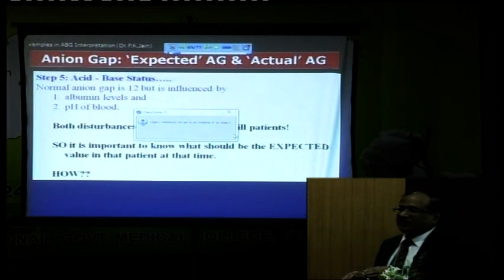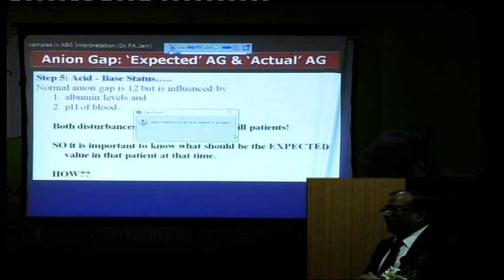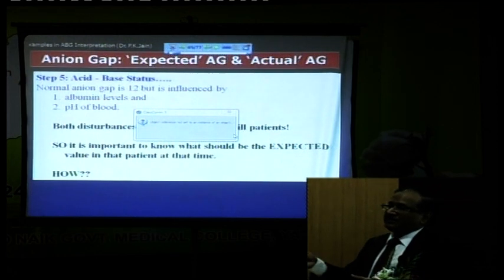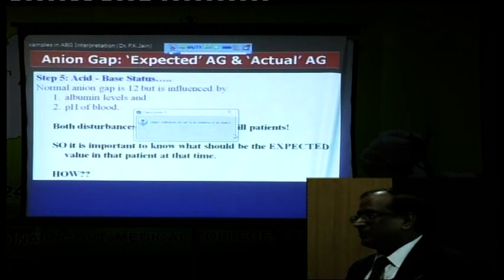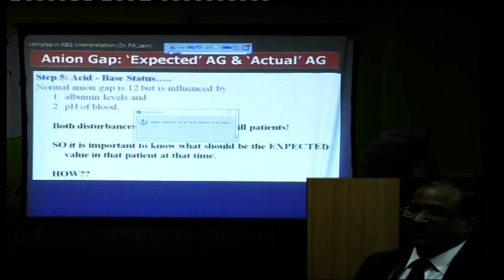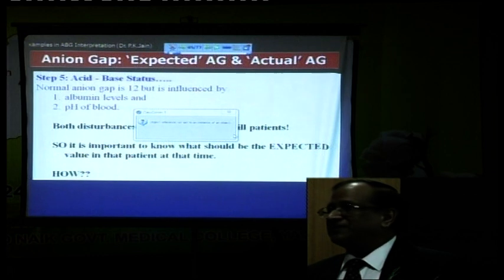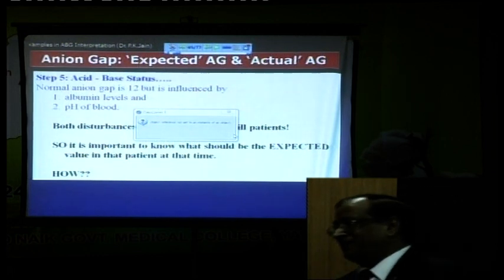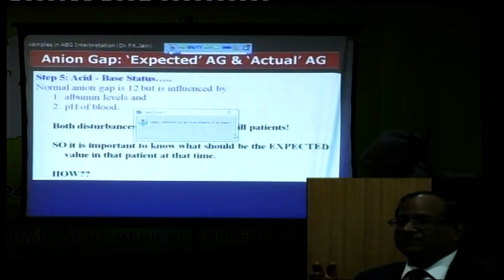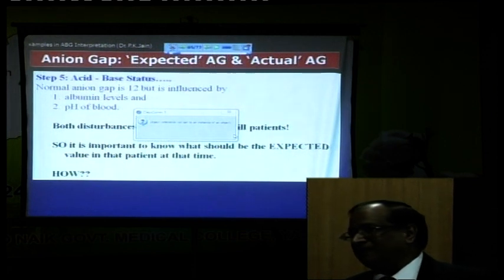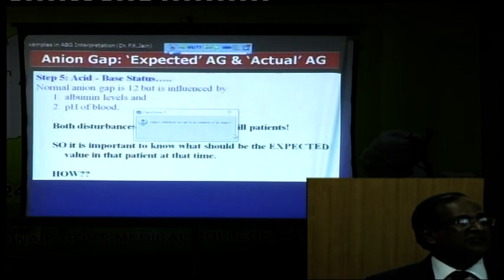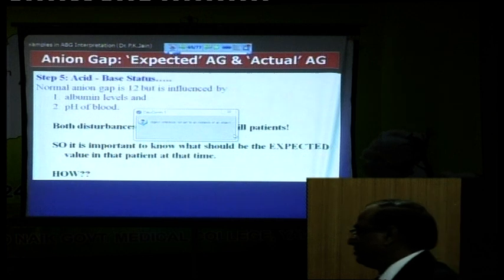On the other hand, your anion gap comes to be something like 8, and you feel, oh, it's normal, up to 12 is normal. But this patient has metabolic acidosis, has got hypoproteinemia, and expected anion gap may be 6. 8 becomes high. So it's not enough to calculate the anion gap, you must also compare it with what is expected, and that's what you need to do.